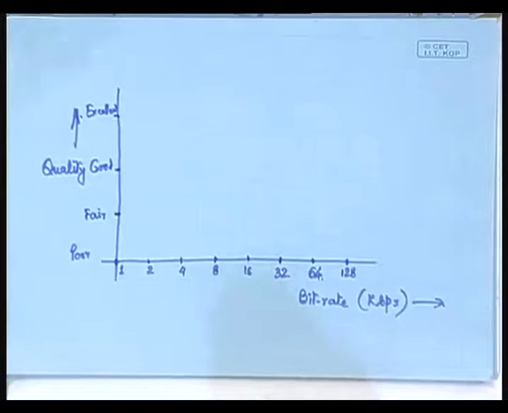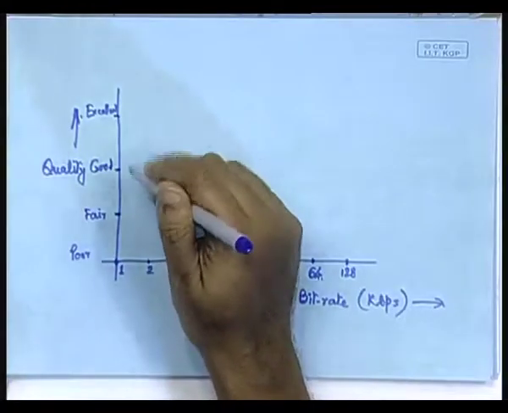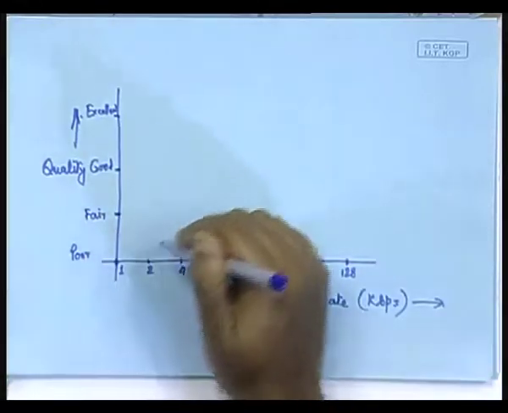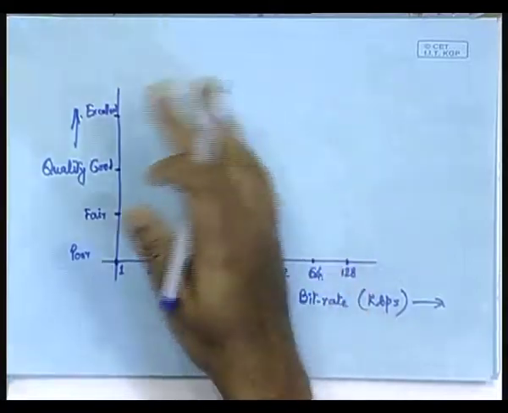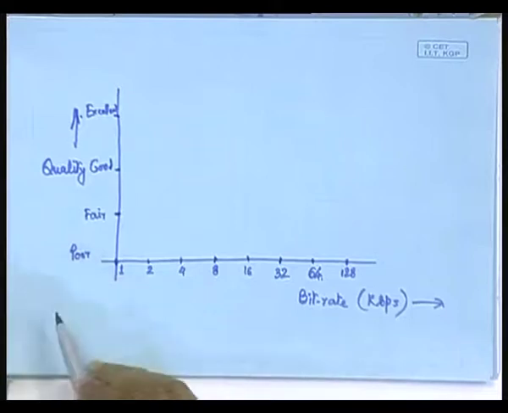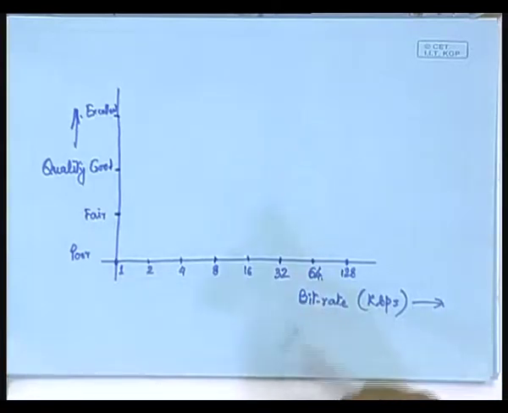The ideal situation would be to reach excellent quality at very low bit rate, but as you know that is not possible. In fact, the trade-off goes the other way. As we decrease the bit rate, if we go more on this side, decreasing the bit rate obviously requires sacrificing the quality. Basically, there is loss of information.